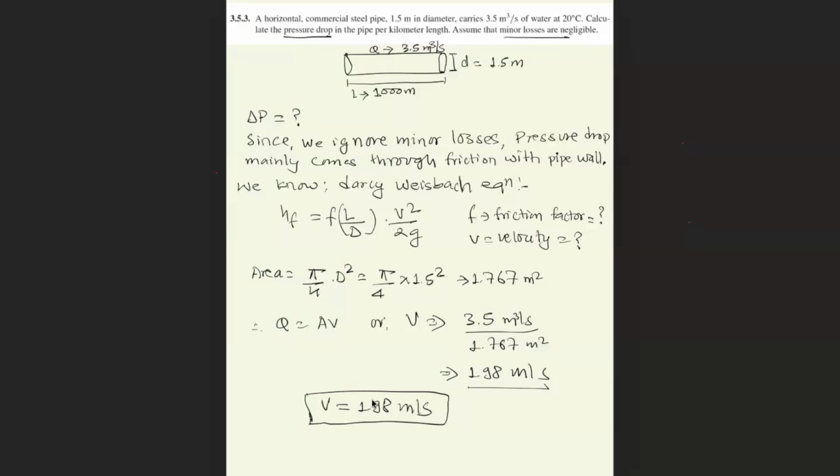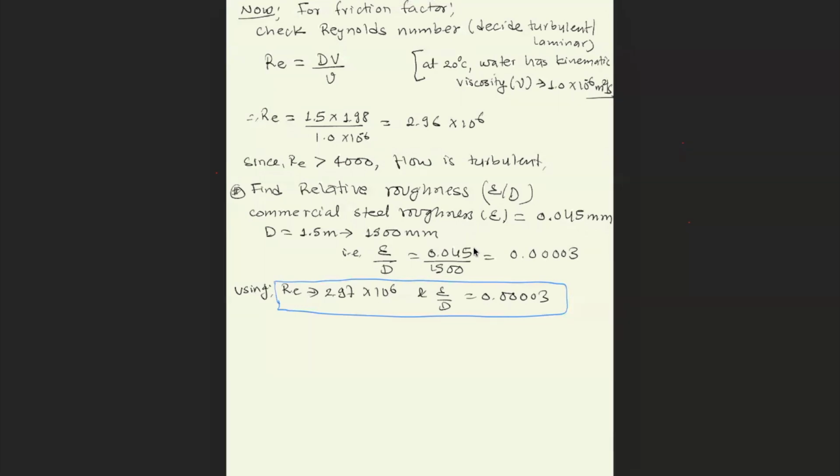Since we calculated velocity, we just need to find the friction factor. The friction factor can be determined using the Reynolds number and relative surface roughness.